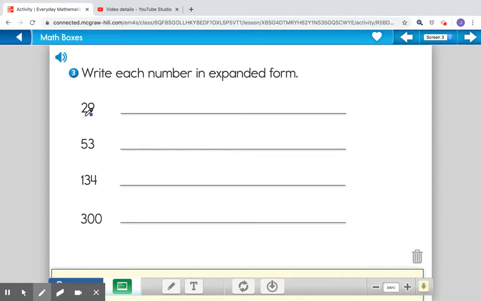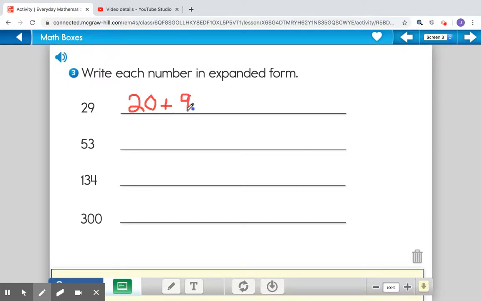That's right, there are 2 10s, and we know that if we count by 10s, 10, 20. Our first number is 20, but we're not done yet, boys and girls. We need to put our cubes. Plus, how many cubes, boys and girls, 1s, are in the number 29? That's right, there are 9.